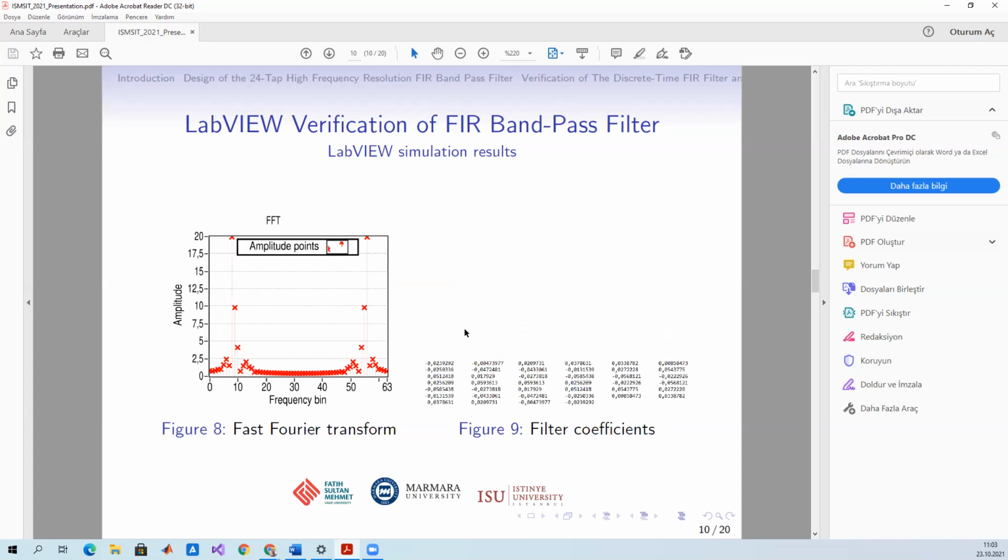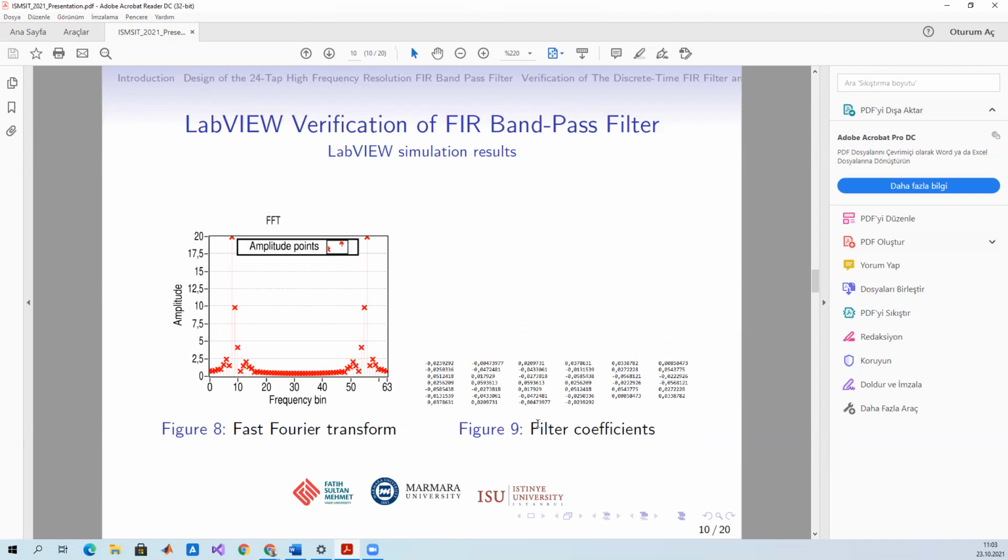And I gave the FFT simulation results here. The fast Fourier transform gives us information about the amplitude points of the test signals and the output signals, that means filtered and non-filtered signals.